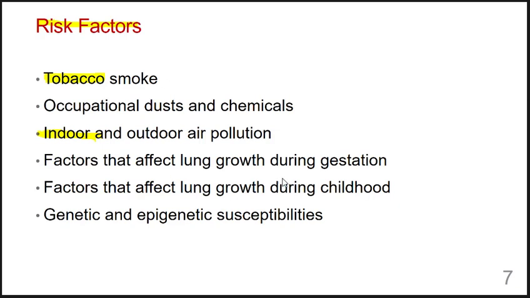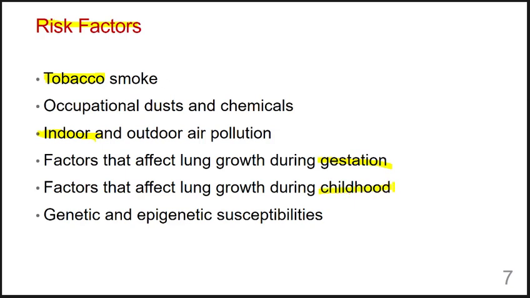Factors that affect lung growth during gestation. So when a female is pregnant, if she chooses to smoke herself, there's even thought that extensive use of antibiotics, preterm birth for a baby, or exposure to air pollution, among other things, could predispose that person to lung damage. Factors that affect lung growth during childhood.